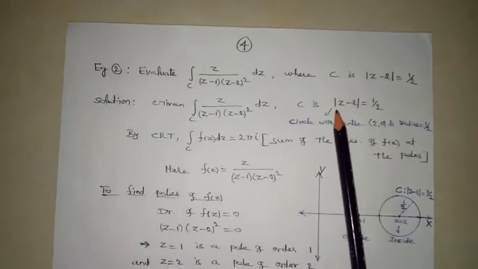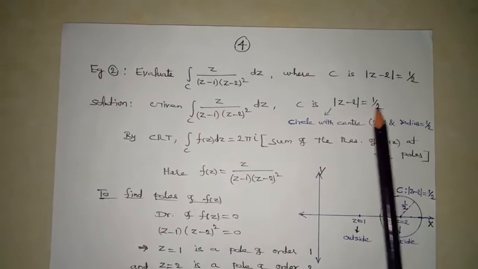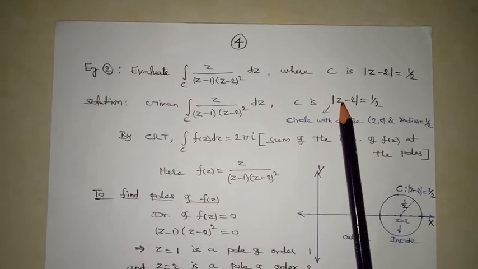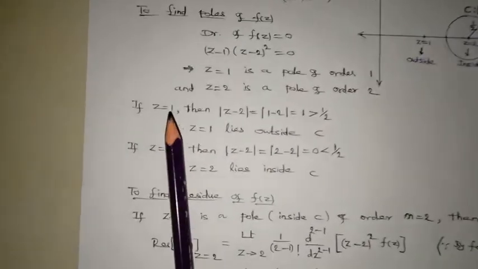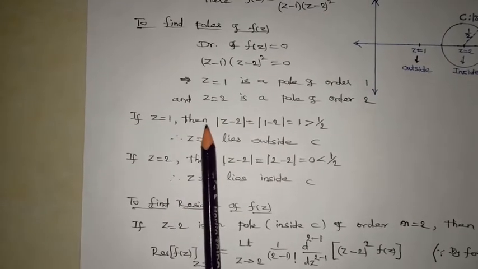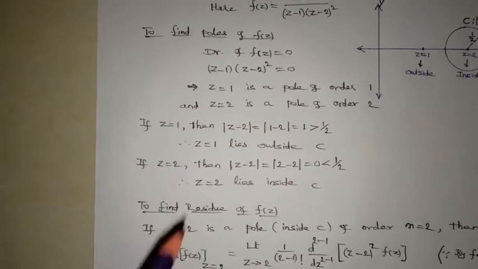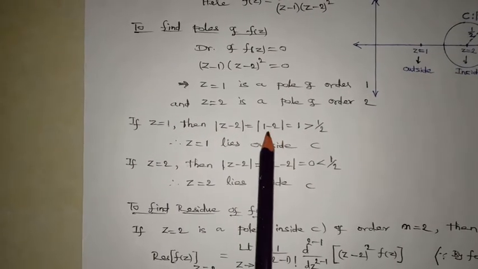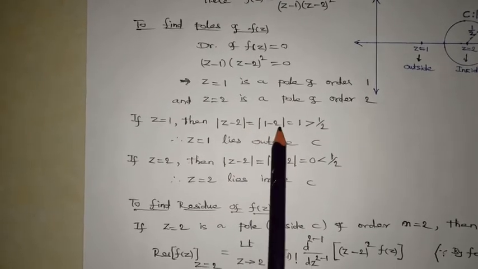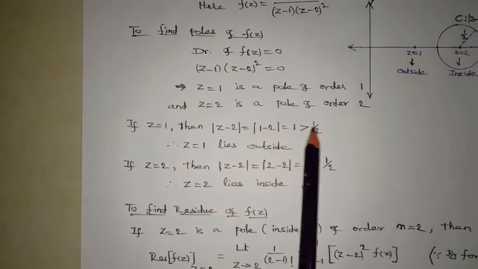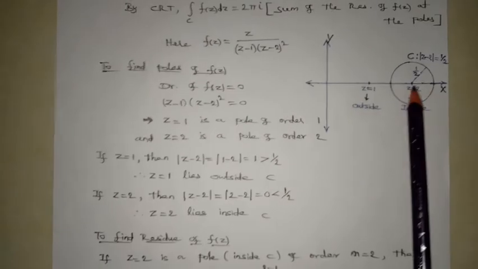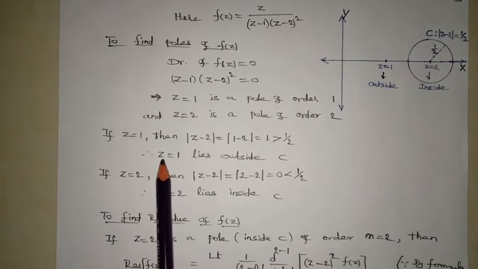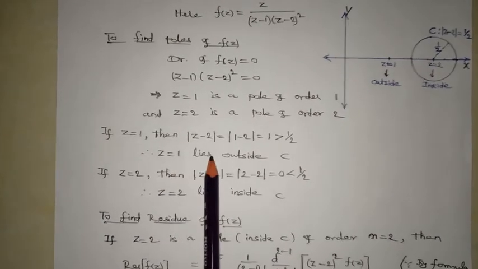C is modulus of z minus 2 equal to 1 by 2. Substituting z equal to 1, modulus of 1 minus 2 is modulus of minus 1, which gives 1, which is greater than the radius of the circle, 1 by 2. Therefore the point z equal to 1 lies outside C.